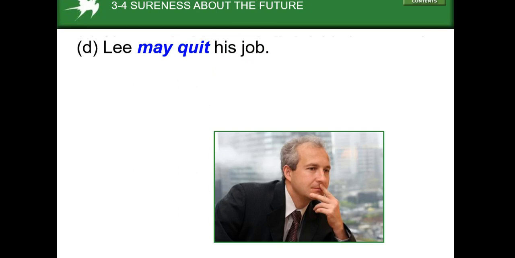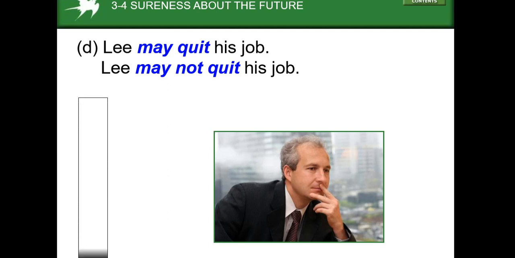Well, sureness about the future. Lee may quit his job. May, remember, is another modal. May, pudiera. Okay? It's about possibilities. Lee may quit his job. Lee may not quit his job.